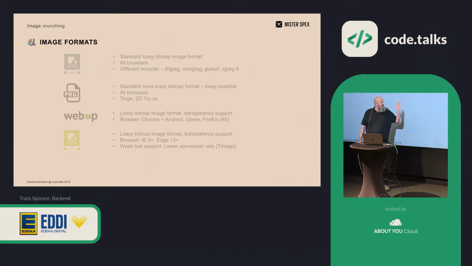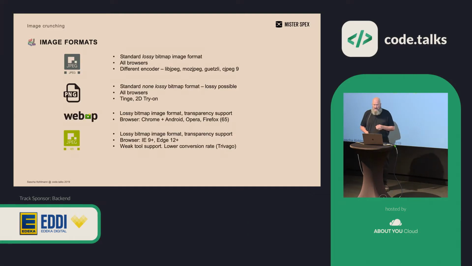They used JPEG XR, and they had a decrease in conversion rate, because for JPEG, for WebP, and for PNG, the GPU can do all the stuff with decoding and rendering. For JPEG XR, there's no such support, and the processor needs it. And you know, when the processor needs it, the speed of your site decreases a little bit.